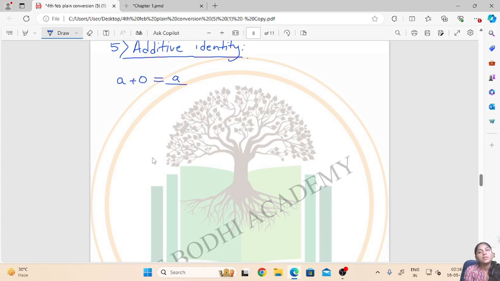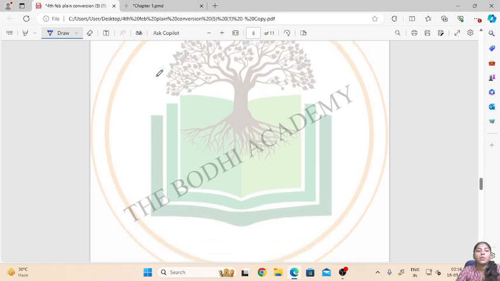So a plus 0 will be a, which will also be equal to 0 plus a. So for whole numbers a plus 0 is equal to a, which is equal to 0 plus a. Correct? So now let us see if it is true for integers also.